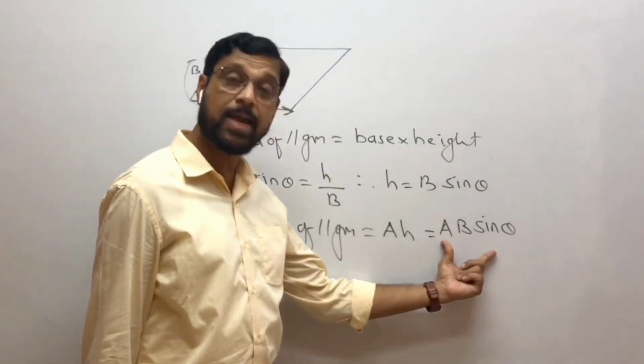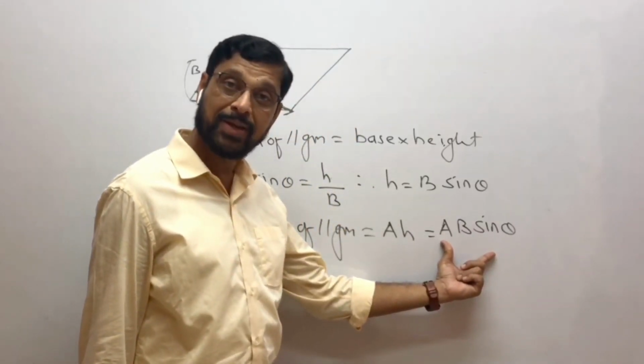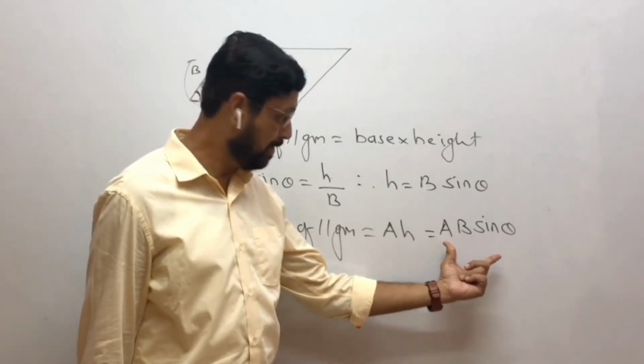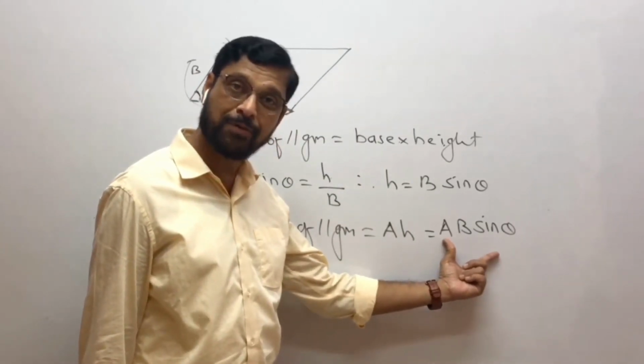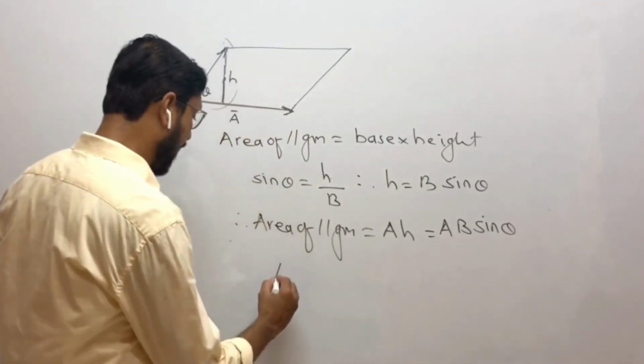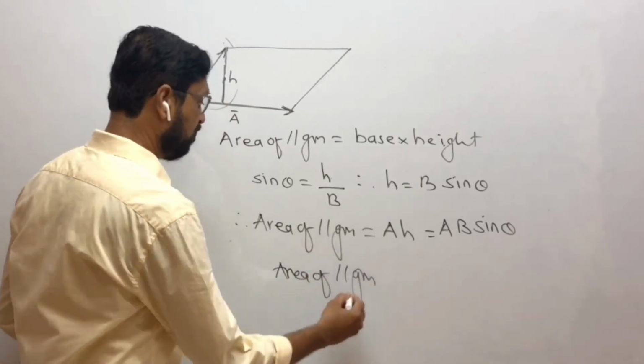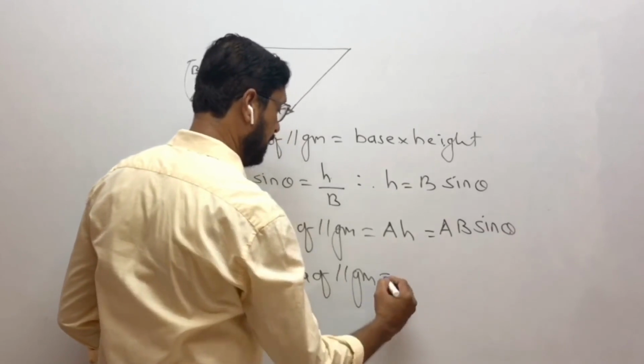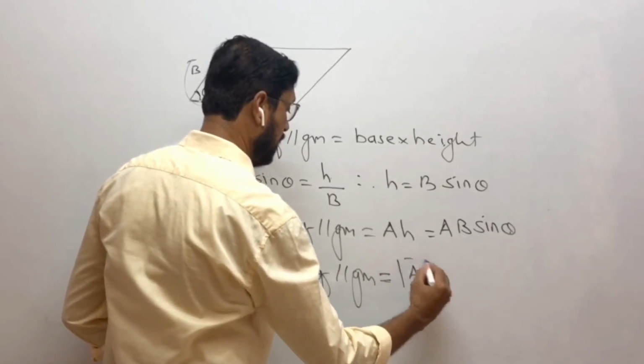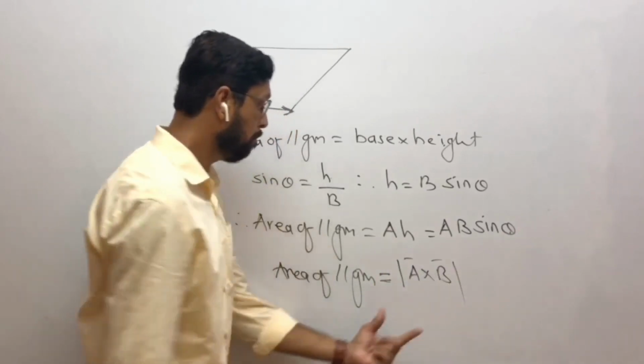What is this, AB sin theta? It is mod A cross B. This is magnitude of A cross B. So you can say that area of parallelogram is equal to AB sin theta, means mod A cross B, magnitude of A cross B.